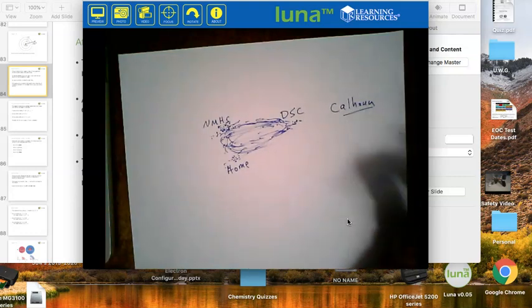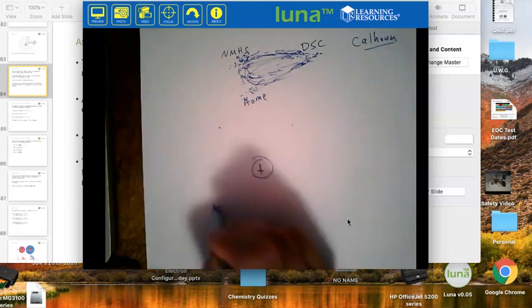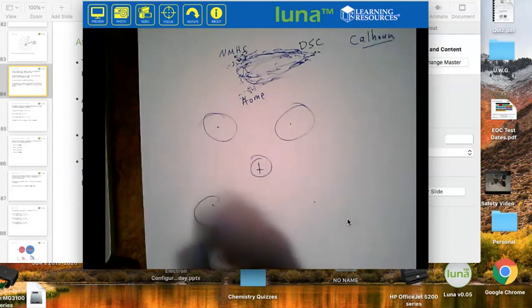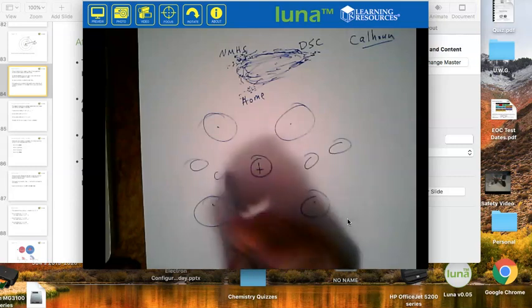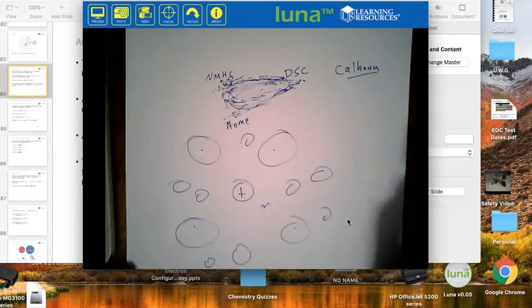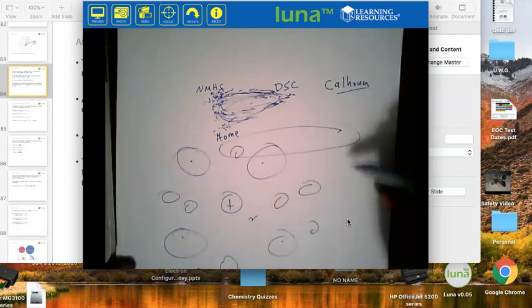So when we're talking about electrons, a very large atom has a lot of different electrons. We're trying to figure out the areas in which the electrons can be found. Why is that important? Well, when we talk about bonding, for example, covalent bonding, you have an overlap of orbitals.